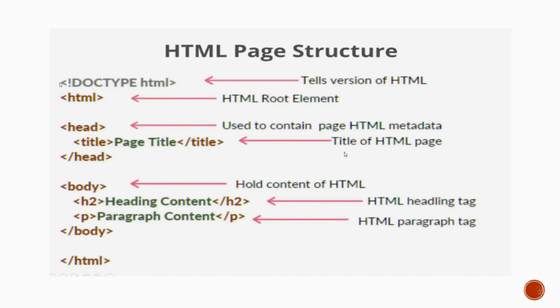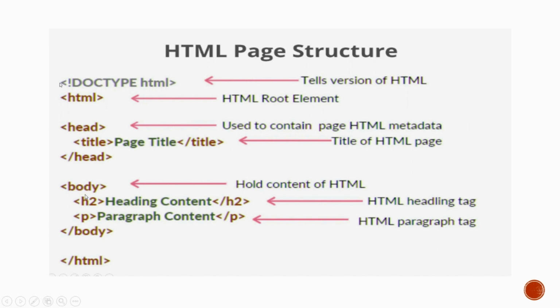Now, before going to the HTML program, let us see the HTML page structure. The first one, doctype html, tells the version of the HTML, and the html tag is the HTML root element. Head is used to contain the page's HTML metadata. Title is the title of the HTML page.